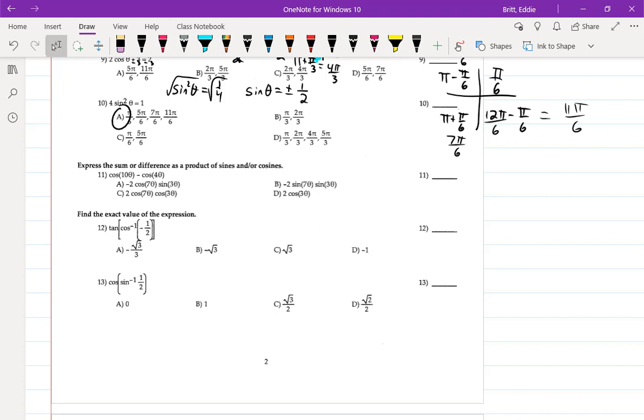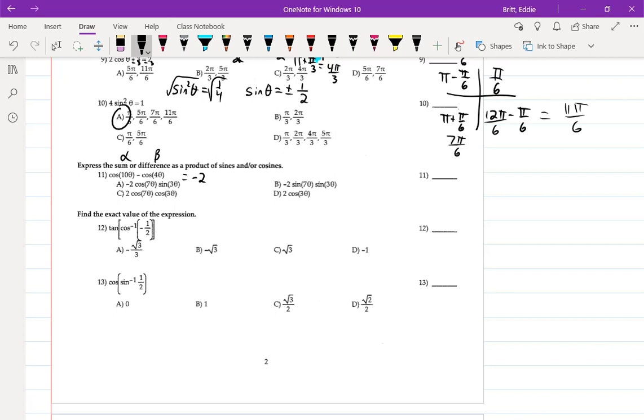Cosine alpha minus cosine beta is the last sum to product formula we have down there. So our alpha is 10 theta and our beta is 4 theta. And we follow the formula. Notice the formula has a negative 2 in front. It's the only one that has a negative 2 in front.